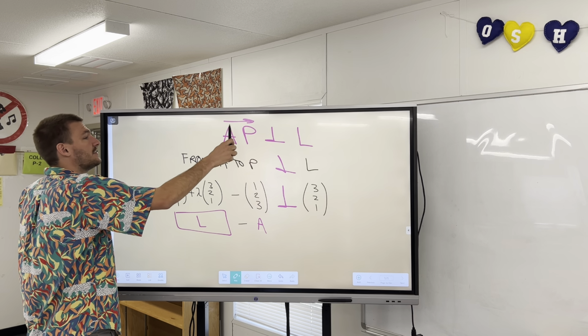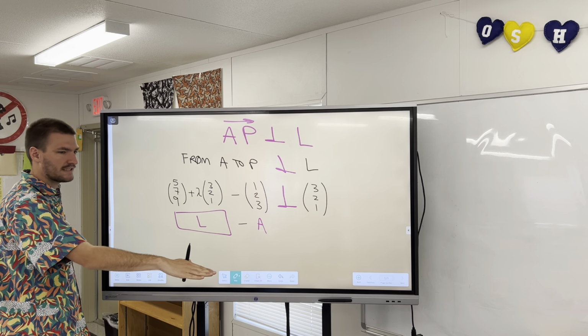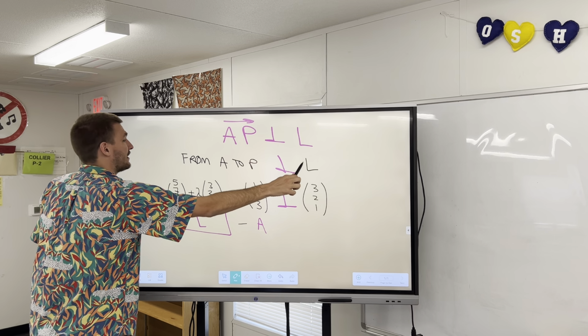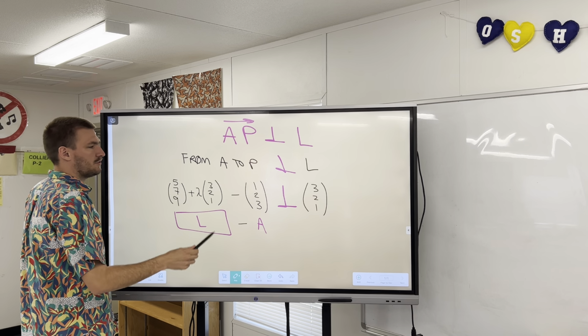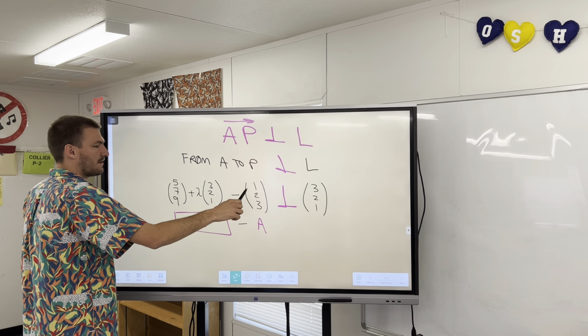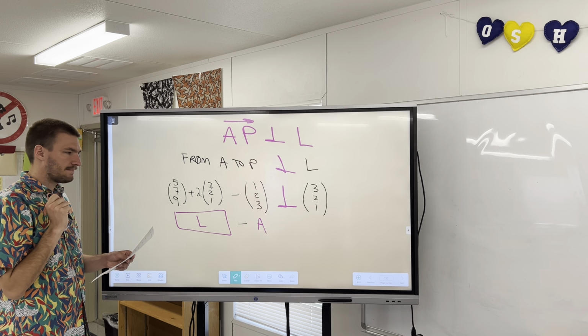And that from A to P is gonna be perpendicular to L. That way is the shortest distance. Well, from A to P being perpendicular to L, if you're gonna travel from A to P, then you would do P minus A. So here's our A. This is just from the question. 1, 2, 3 comes right from the top.